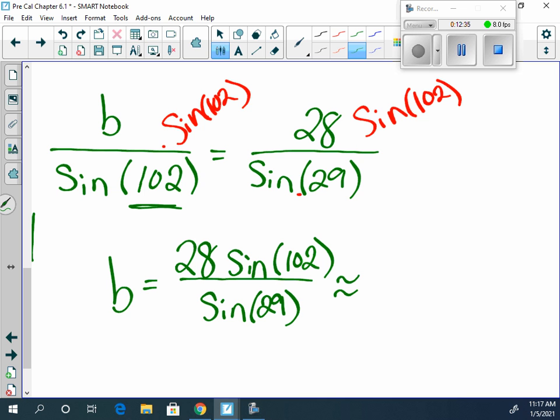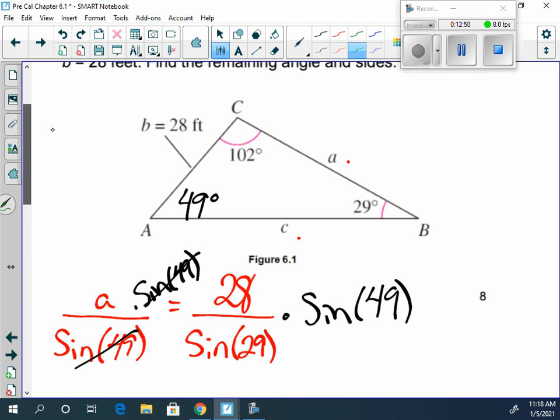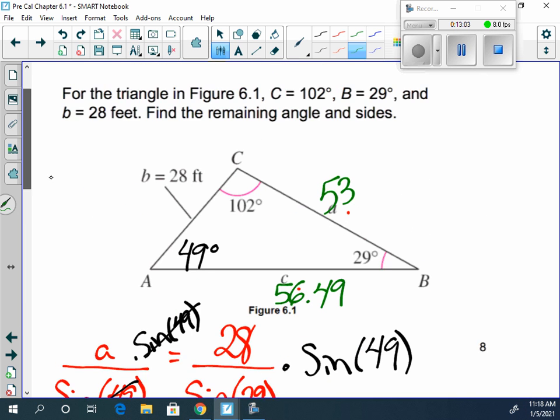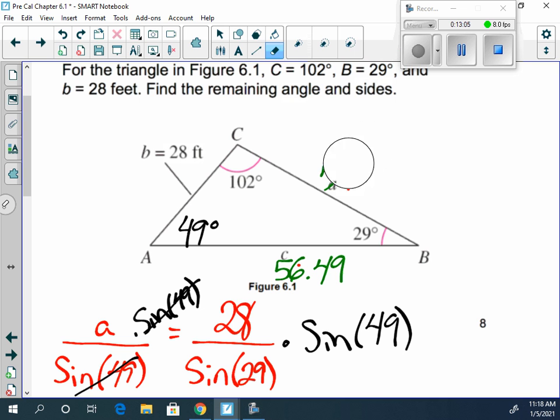And I can replace the 49 with 102, hit enter, and it'll tell me that this is 43.59, not 53.